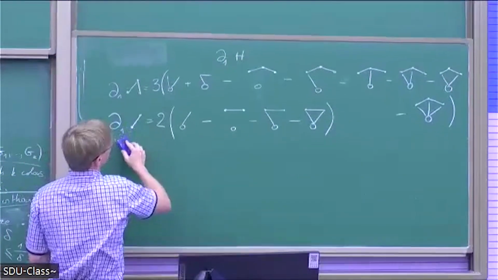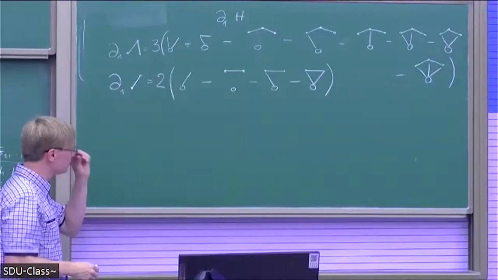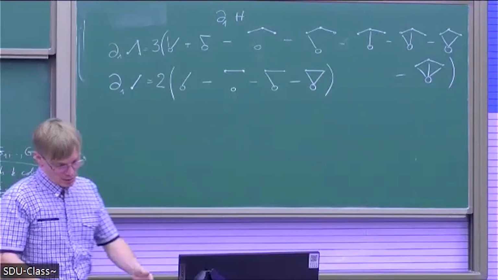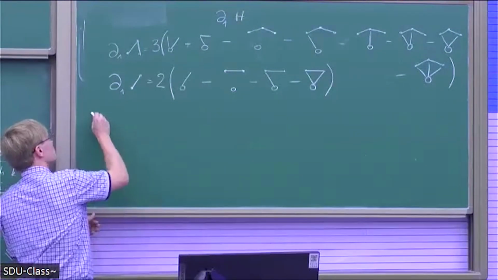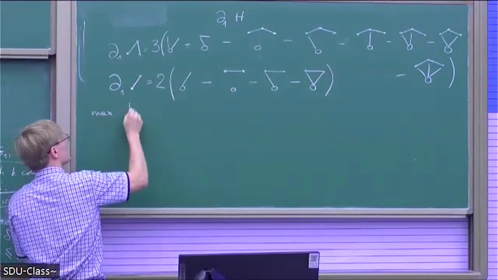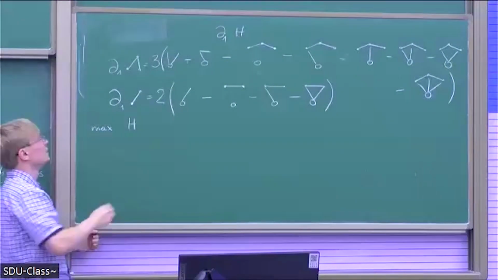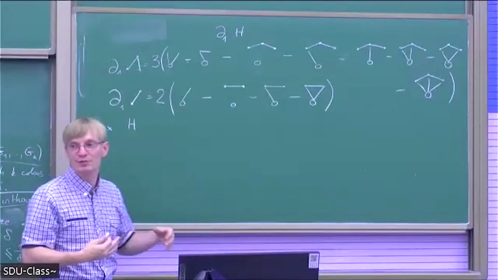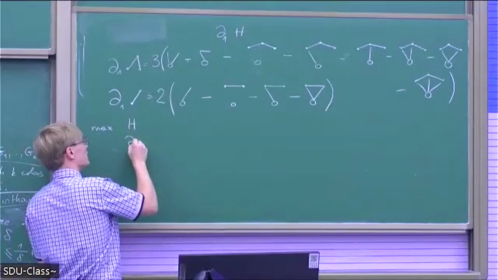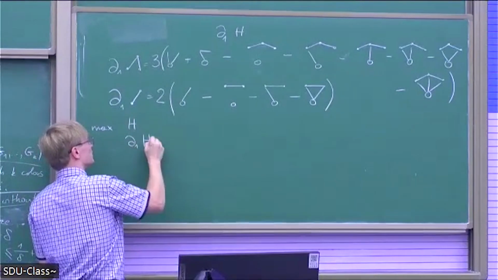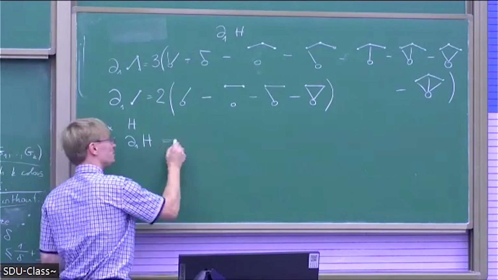Now, why may this be useful? Say we want to maximize some function, some graph density. Then the extremal graphon realizing this maximum needs to satisfy that this derivative is zero.